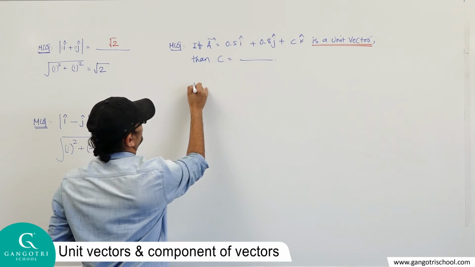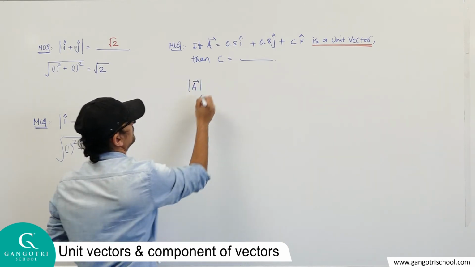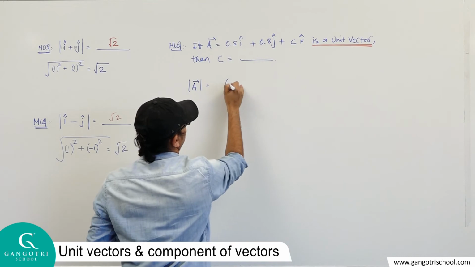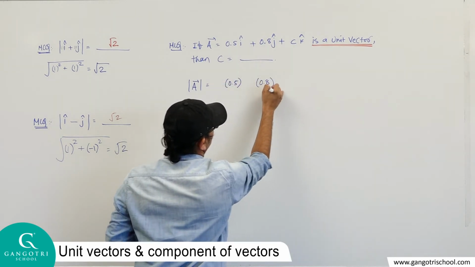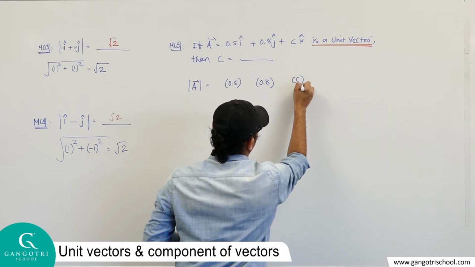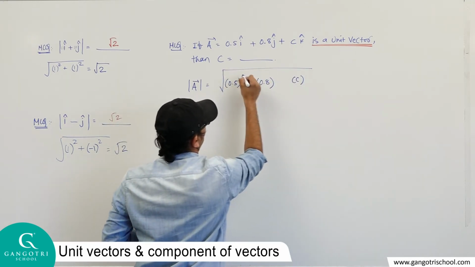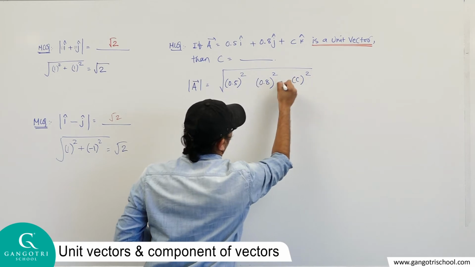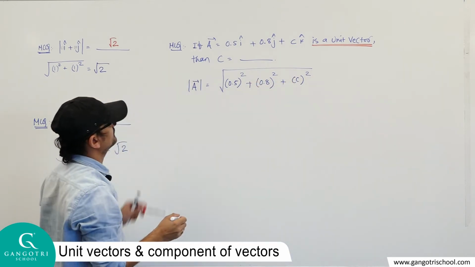Okay, vector A, let's find its magnitude, mod. Here x component is 0.5, y component is 0.8, z component is c. Now the rule is the square root of the sum of the squares of the components gives the magnitude of the vector.